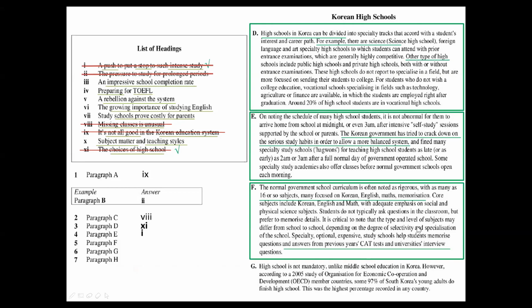It is critical to note that the type and level of subjects may differ from school to school, depending on the degree of selectivity and specialization of the school. Specialty optional expensive study schools help students memorize questions and answers from previous years' CAT tests and universities' interview questions. It means the teaching styles. So the correct answer for paragraph F is heading number 10.